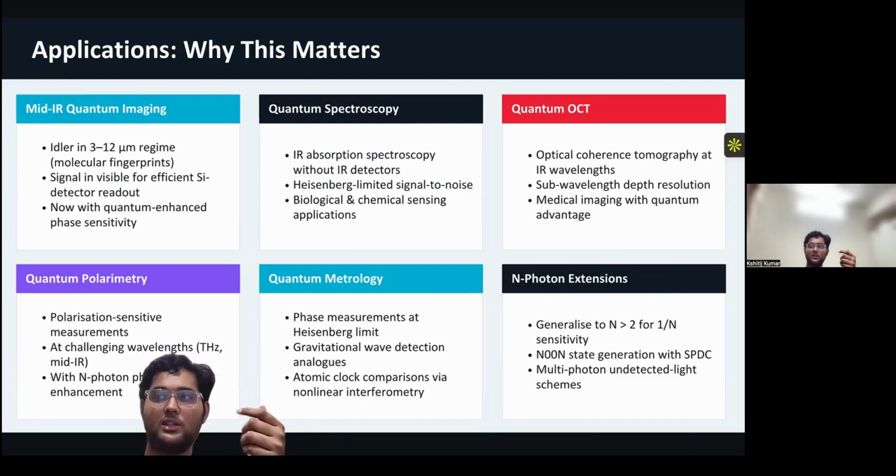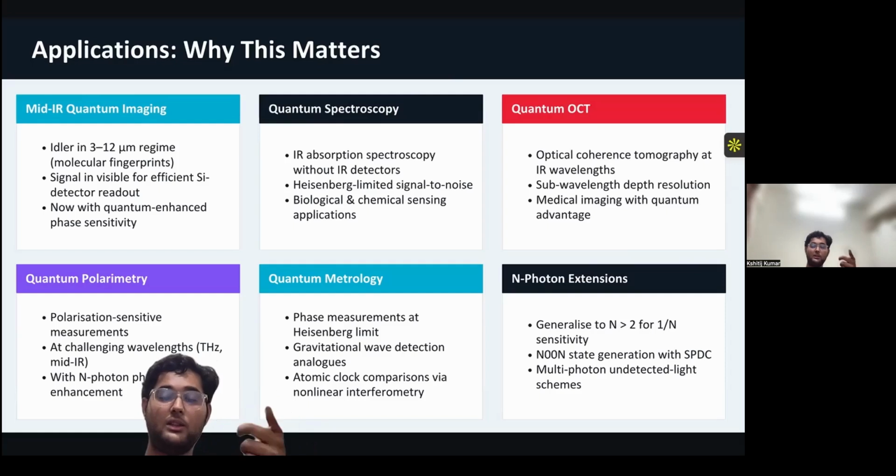The induced coherence scheme puts the idler in the mid-IR where it interacts with the sample and keeps the signal in the visible, where you read it out with a cheap silicon detector at room temperature. This paper now adds Heisenberg limited phase sensitivity on top of that: better signal to noise at the same dose, or the same sensitivity at lower photon exposure.